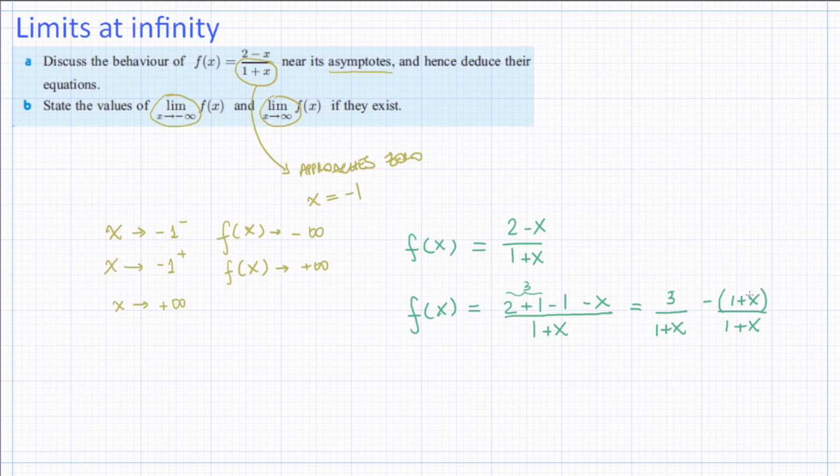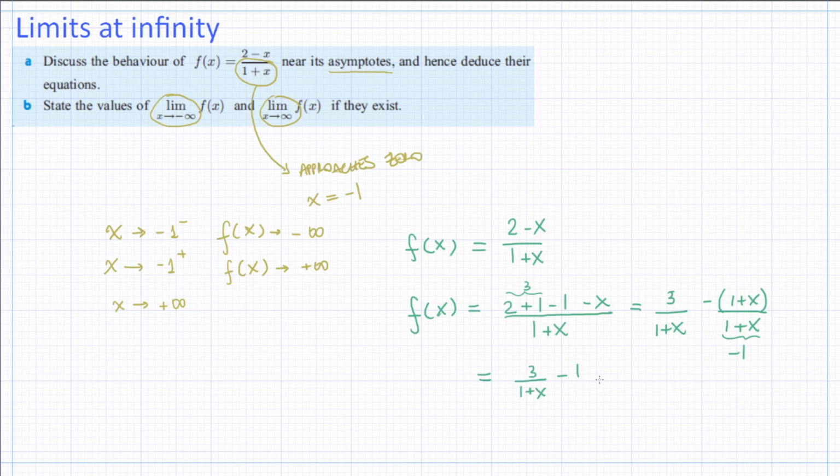Why have I done this? Because 1 plus x over 1 plus x will be 1, so we have negative 1. So our function can also be written as 3 over 1 plus x, minus 1.